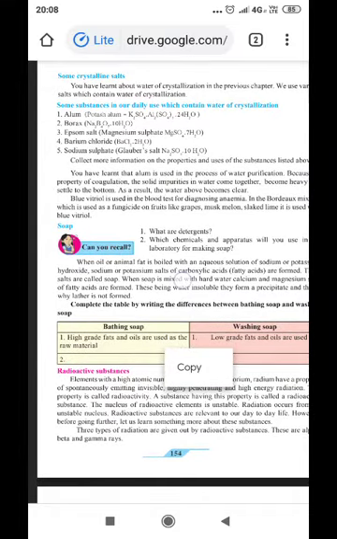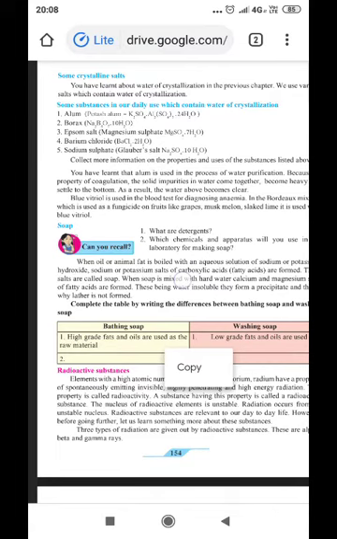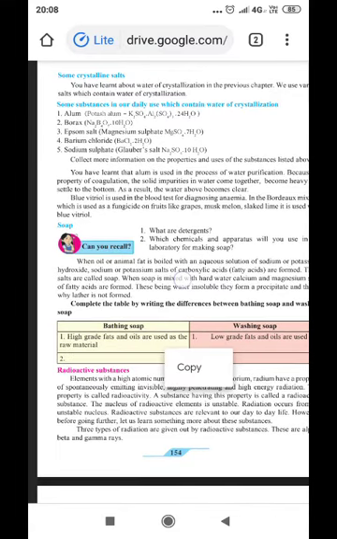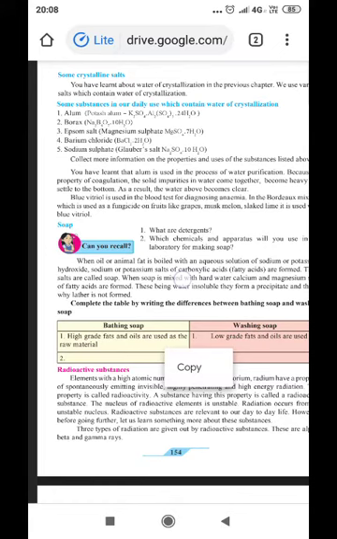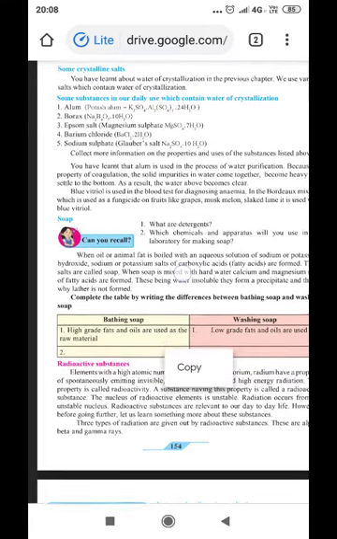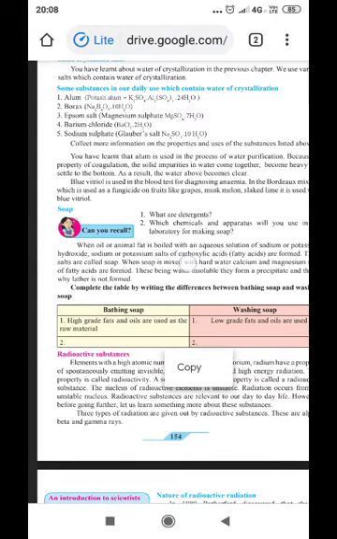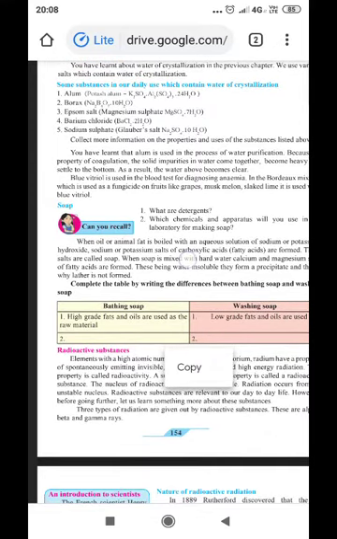Some crystalline salts. You learned about water of crystallization in the previous chapter. We use various salts which contain water of crystallization. Some salts in our daily use which contain water of crystallization: first one is alum or potash alum, whose chemical formula is K2SO4.Al2(SO4)3.24H2O. Borax, Na2B4O7.10H2O.